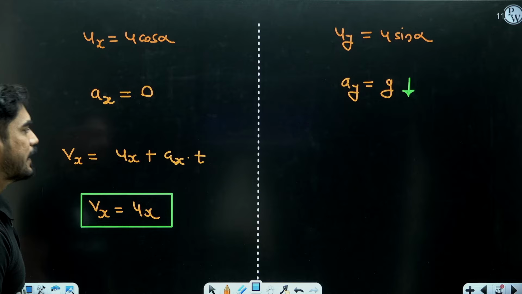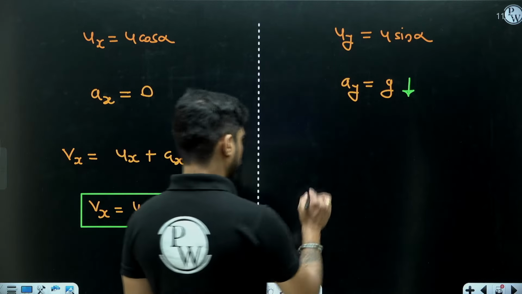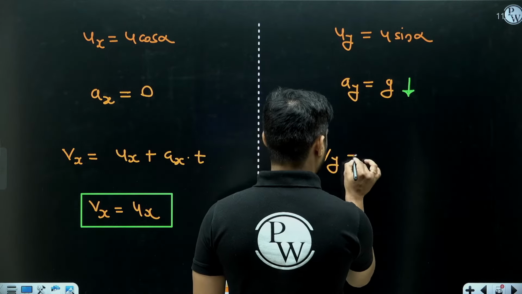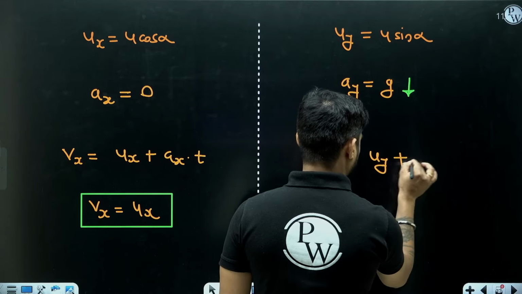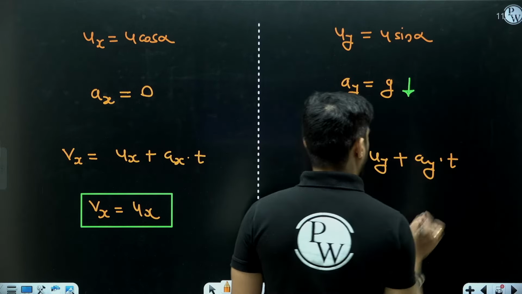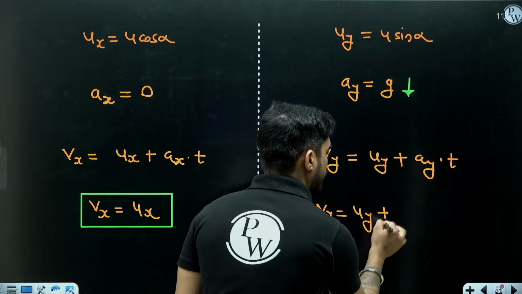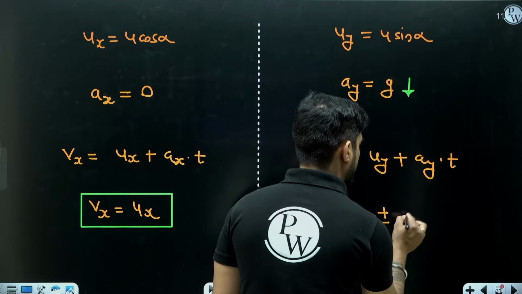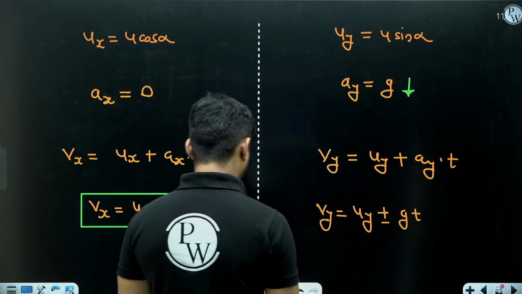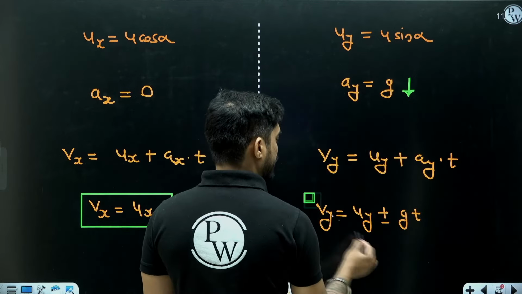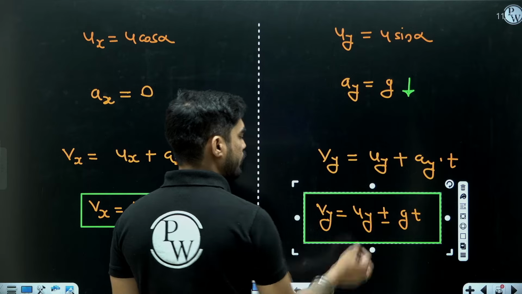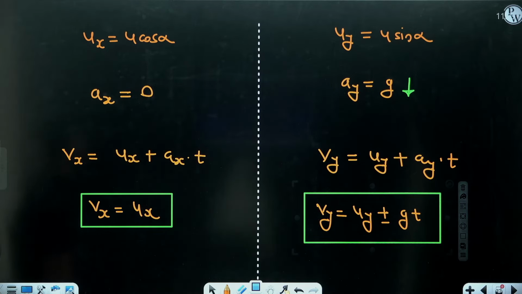But velocity in y will be this: vy equals uy plus ay into t, means vy equals uy plus minus g into t. Why I have written plus minus? It depends upon the direction of uy and vy, whether this will be plus or minus, okay?